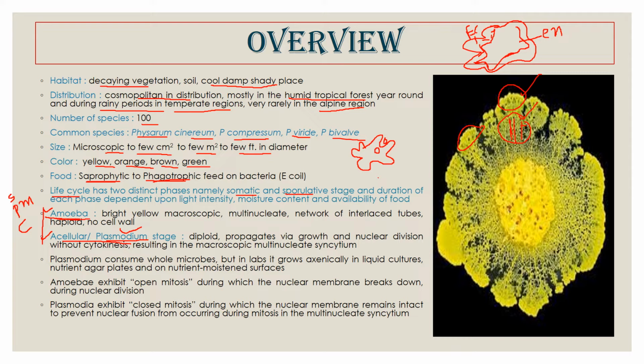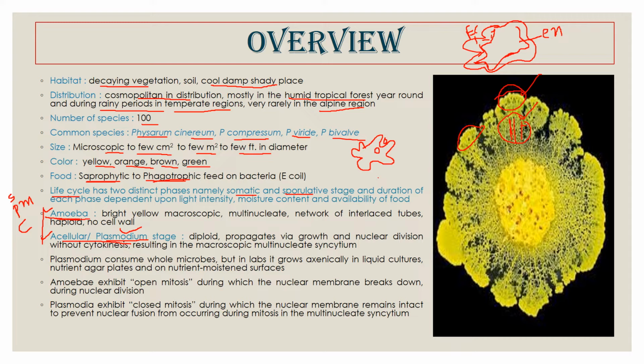The streaming is very much essential for transport of information, transport of nutrients, and in the network in the posterior region, we observe that even nuclear organelles are transported by this streaming motion from one place of the plasmodium to another.